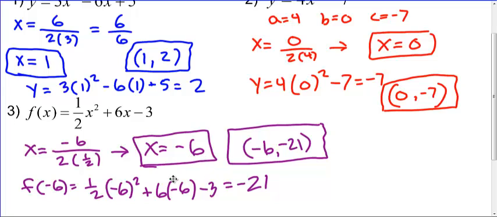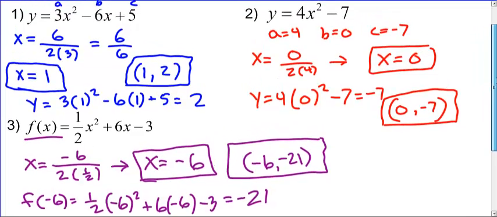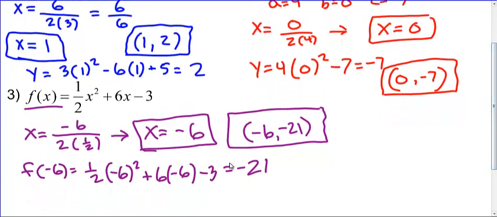Then I plugged it in, so 1/2 times negative 6 squared plus 6 times negative 6 minus 3, and we get negative 21. You'll notice that this one was written as f of x, where the previous problems both had y equals instead of f of x. That's really not changing anything in our process. Just treat that f of x essentially as if it's a y.